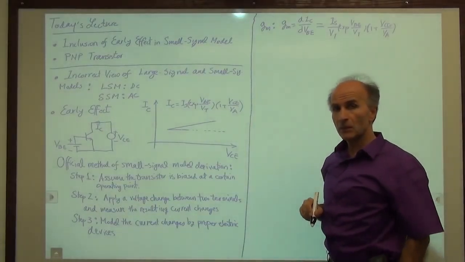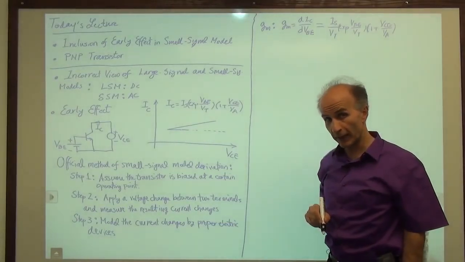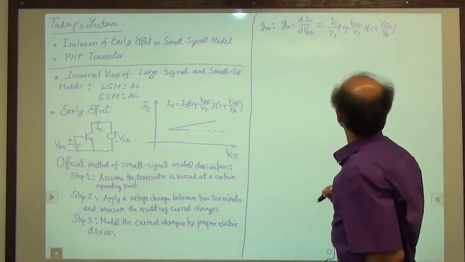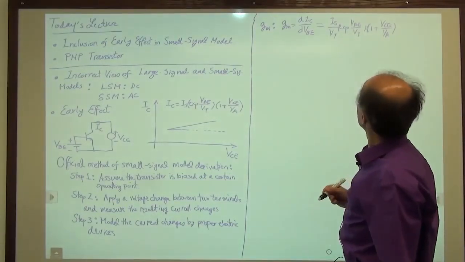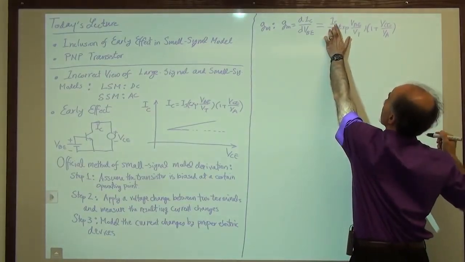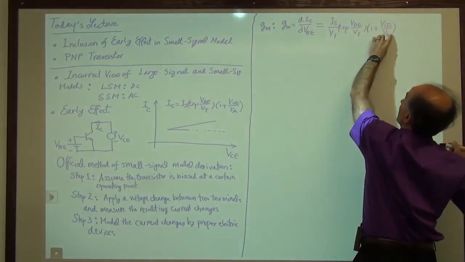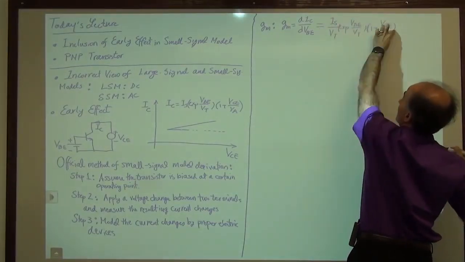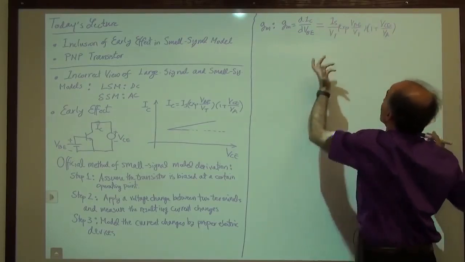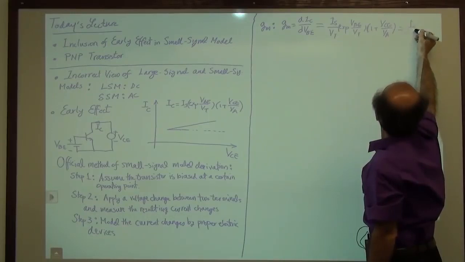Okay, so can I simplify this the way I did before for gm? Well, do we see any familiar term here? You can see that IS exp of VBE over VT times 1 plus VCE over VA, that is the bias current, the collector current, right? So we say this is IC over VT.